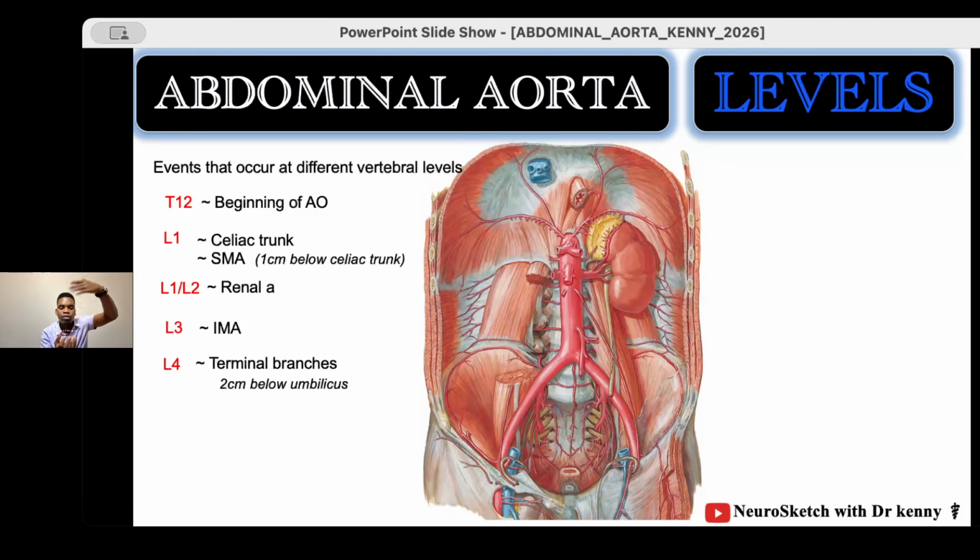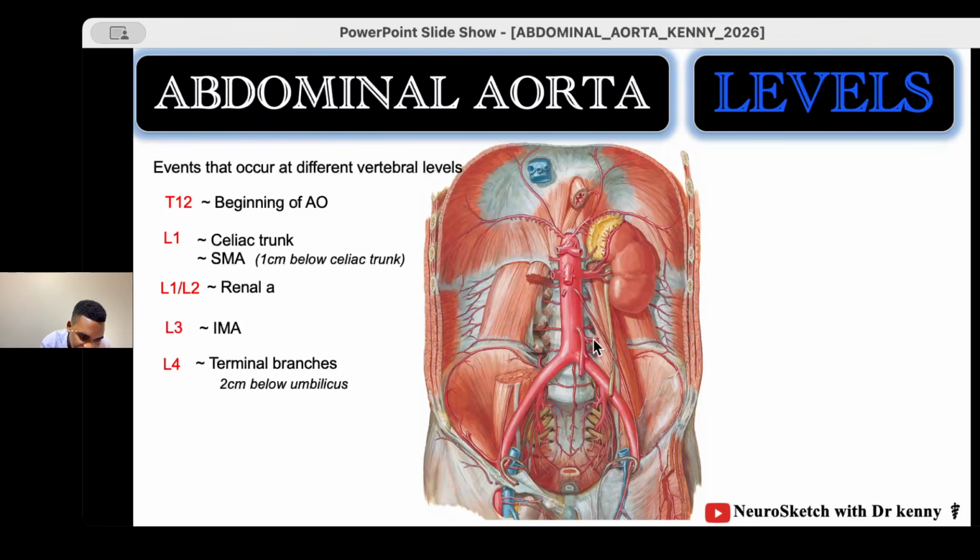Between L1 and L2 is where the renal arteries come off from the abdominal aorta, at approximately the junction between L1 and L2. And then the inferior mesenteric artery comes off at the level of L3.